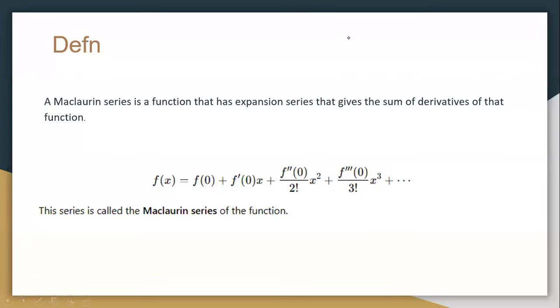We define the Maclaurin's series using this kind of expansion, whereby f is our function, f prime is the first derivative, f double prime is the second derivative, f triple prime is the third derivative. So that is what we are going to look at today.